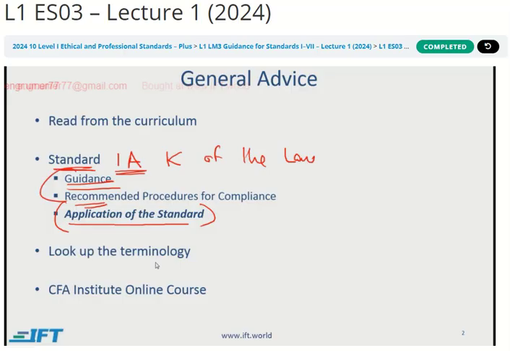For example, I might refer to an oversubscribed IPO. What I want you to do is, whenever you come across a term that you don't know, look it up. And one of the best places to go is investopedia.com, or you can simply Google the term.